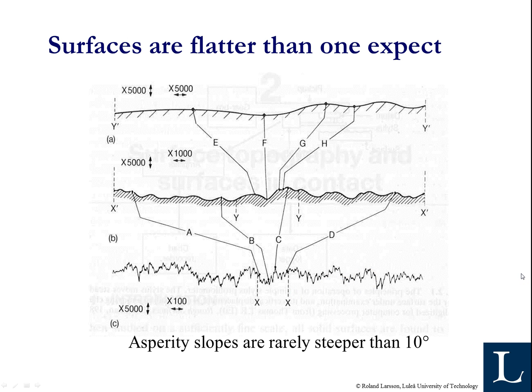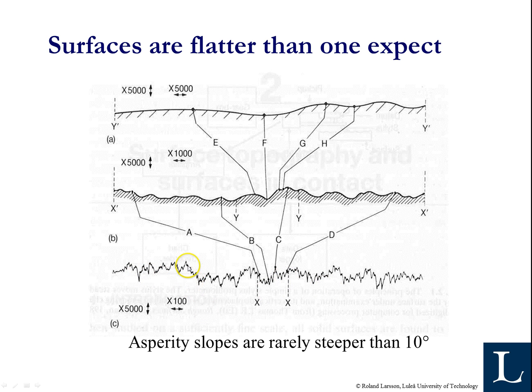One important thing is that when we visualize surface roughness, it normally looks like this. It looks like very sharp asperities, very sharp roughness here. So earlier we used to say that putting two surfaces in contact is like putting Switzerland into contact with Austria. But this is not really true, because you normally plot this at different scales. So you magnify the scale in the y direction much more than in the x direction.